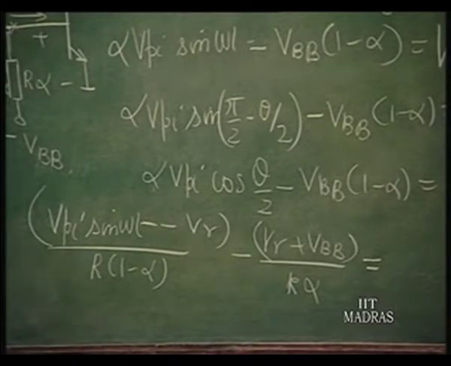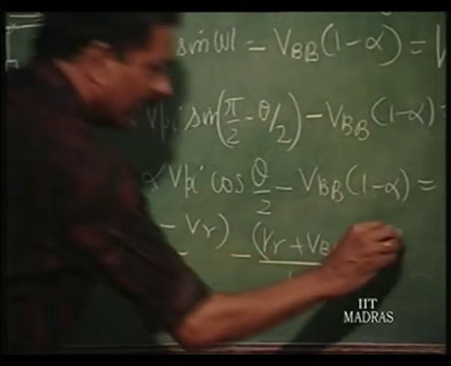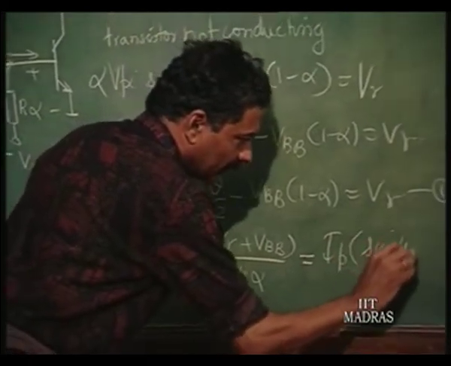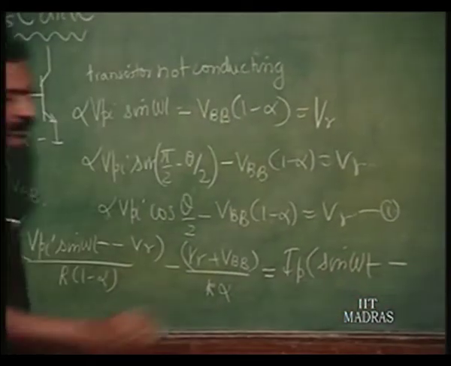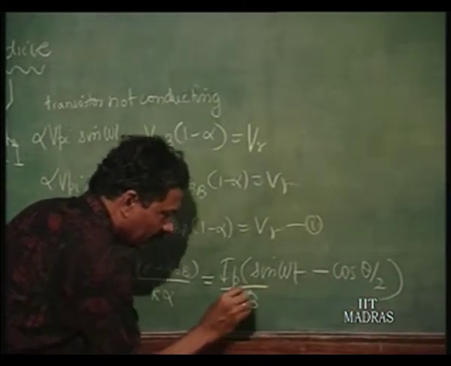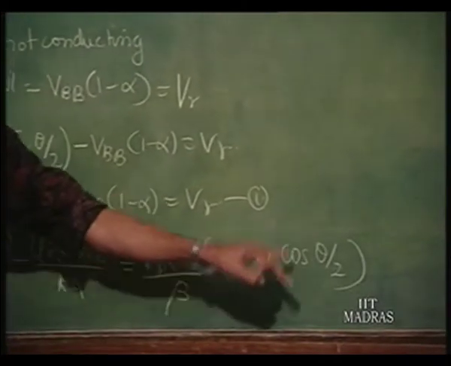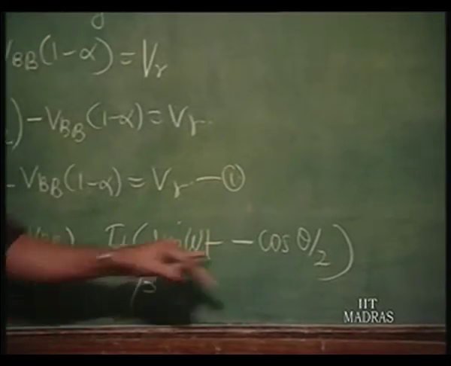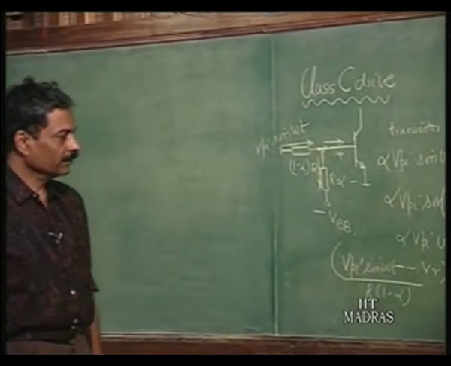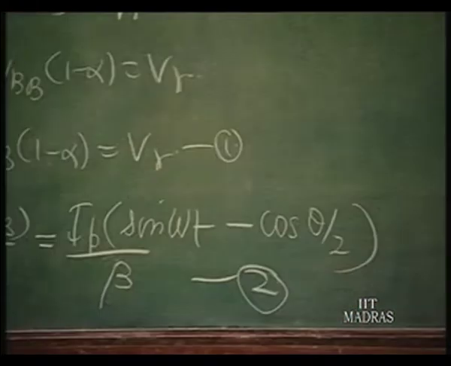So, we have called this the peak current Ip, into sin omega t minus cos theta by 2, divided by beta, because that is the base current. Ip times sin omega t minus cos theta by 2 is the current pulse at the collector, that divided by beta shall be equal to this. So, this is the second equation that one should use.